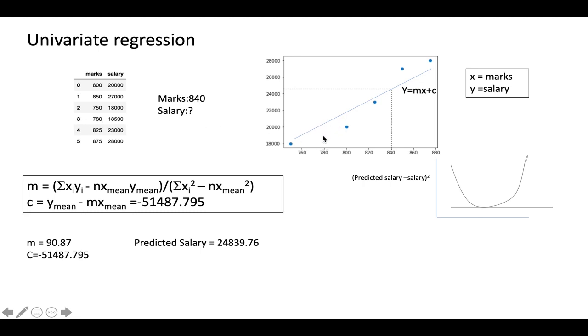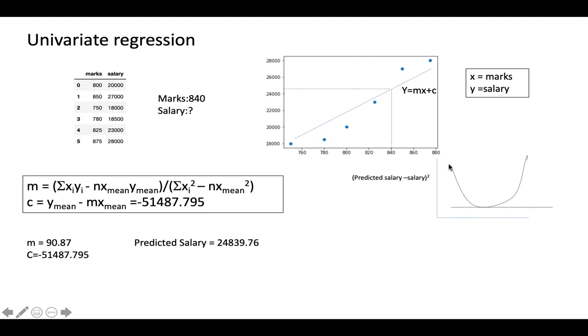So that is the error at this point. And if we take the square of all the errors, okay, and plot them, since it's a square, it would form some sort of a parabola, and we would try to find the point on the parabola which is minimum. So at that point the slope of this equation would be 0. It's parallel, it has no slope, this line.